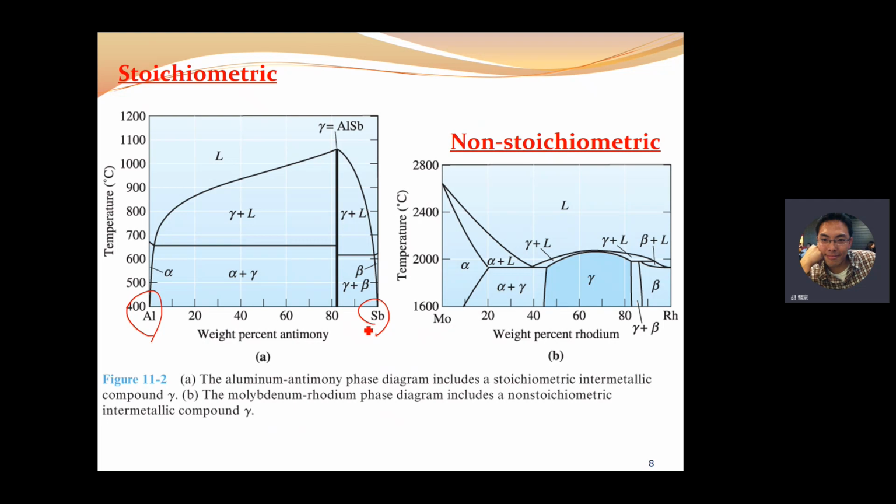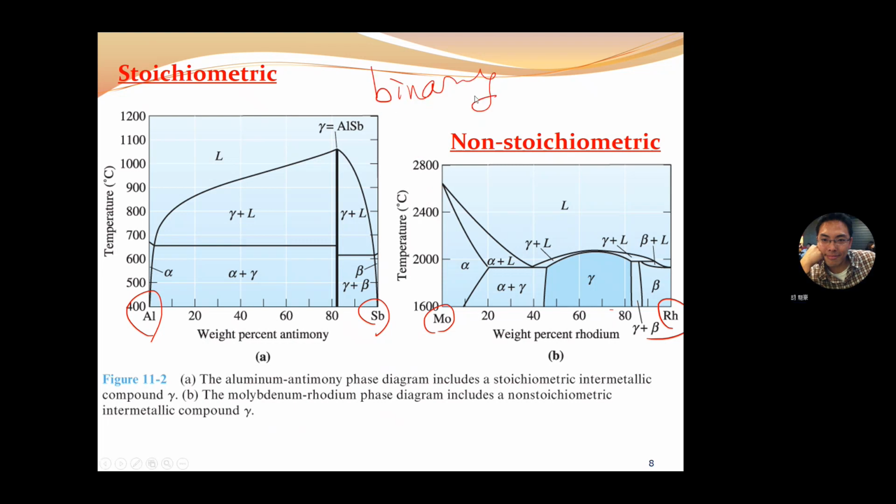The binary phase diagram on the right is molybdenum and rhodium. Both are binary phase diagrams.